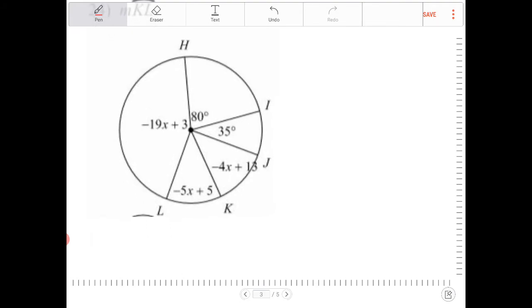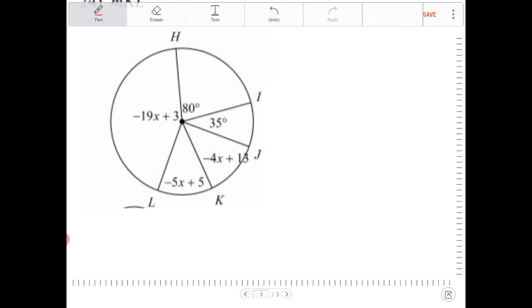Okay, KL, same idea. All 5 of those angles are going to add up to 360. So I want to add up all the x's.